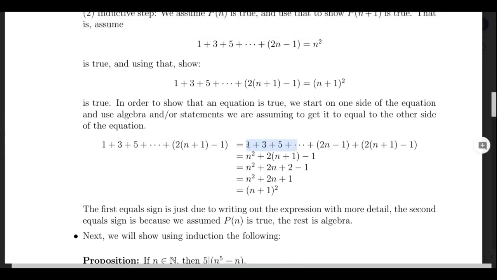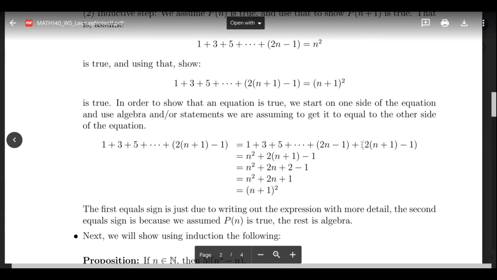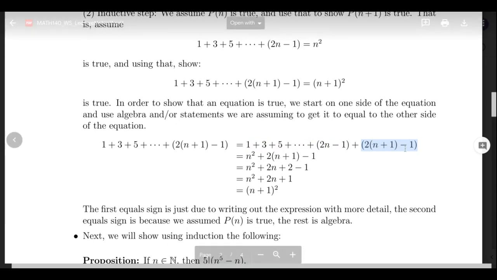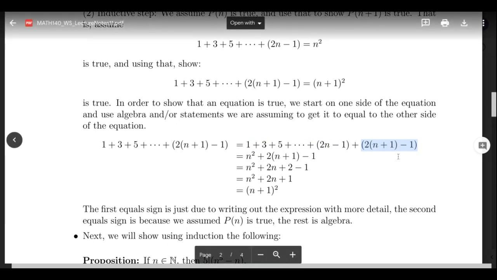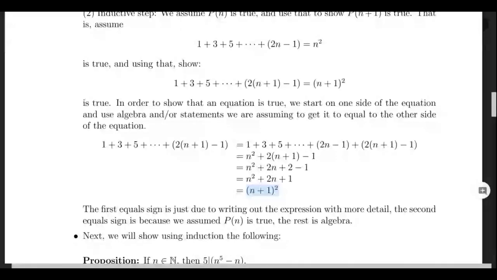So 1 plus 3 plus up to 2n minus 1 is the first n odd natural numbers. Then we need to add one more, the (n plus 1)th odd natural number, which has the representation 2 times (n plus 1) minus 1. Then we simplify this, and in the end we have (n plus 1) squared. Any questions?